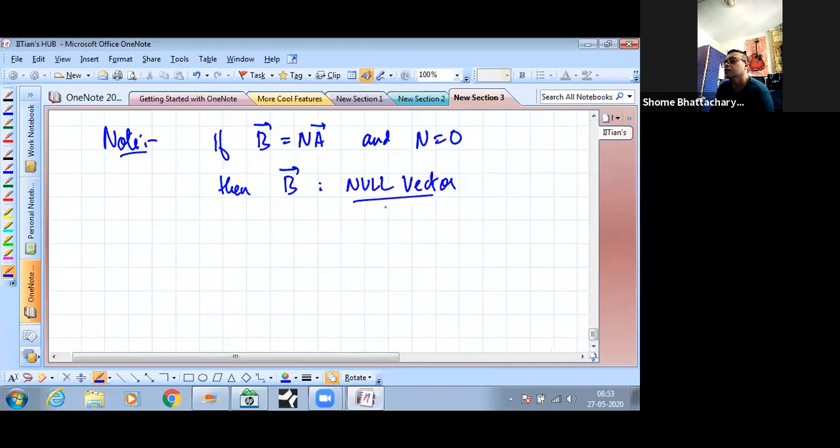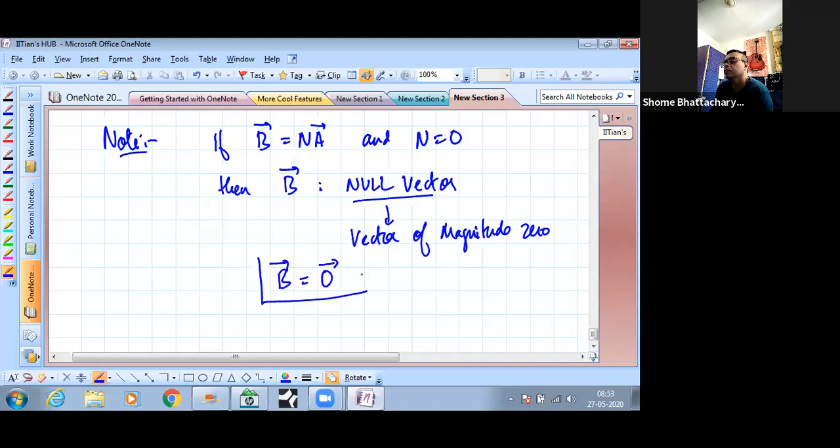That means it is a vector of magnitude 0, which is denoted by this symbol. This symbol is the one used for a null vector. And the definition of a null vector is that it's a vector of magnitude 0. So this is just a special case. Just make a note of this.